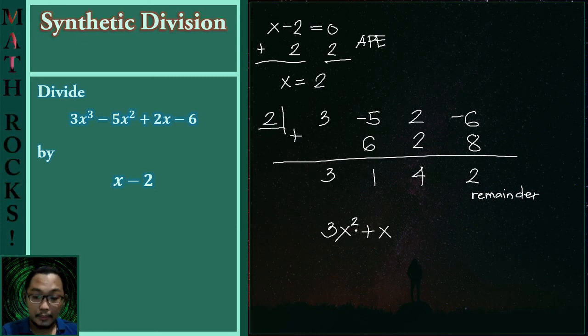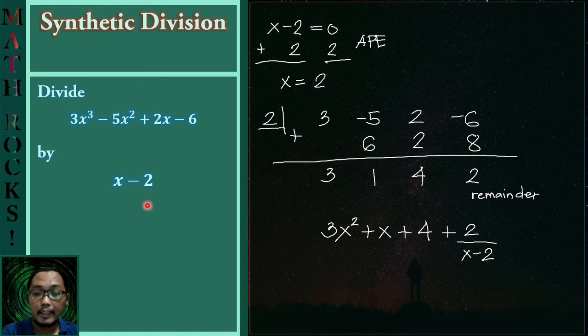And this time, reducing this by 1, it gives us a positive 1. So again, we should not write the exponent of 1 anymore. And here is the constant term of the quotient. Since we still have a remainder, we should have this remainder be written like this. So remember, this is the divisor x minus 2.